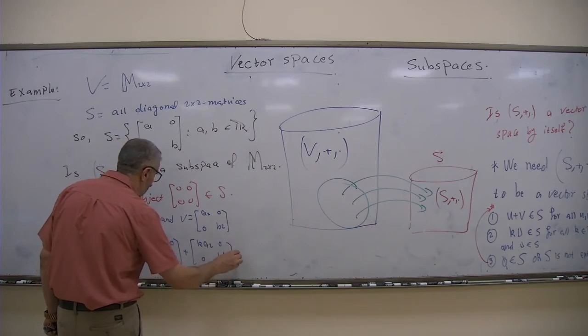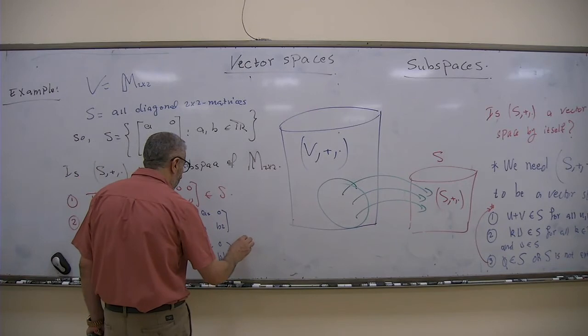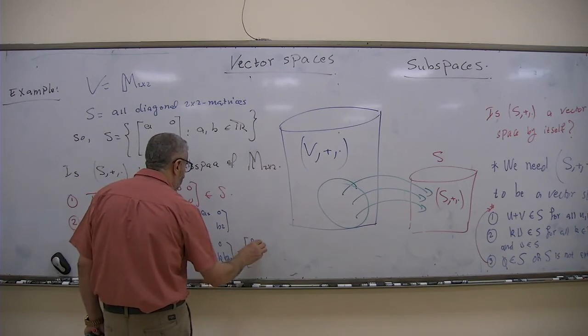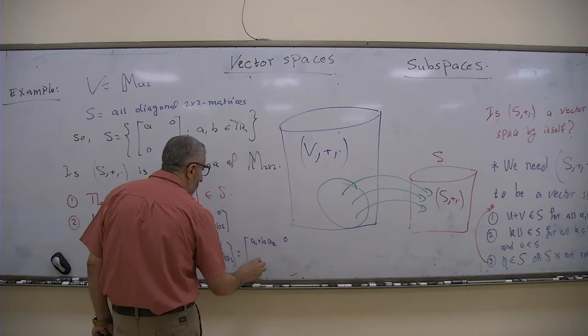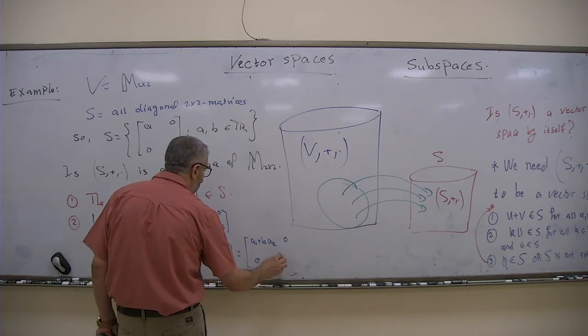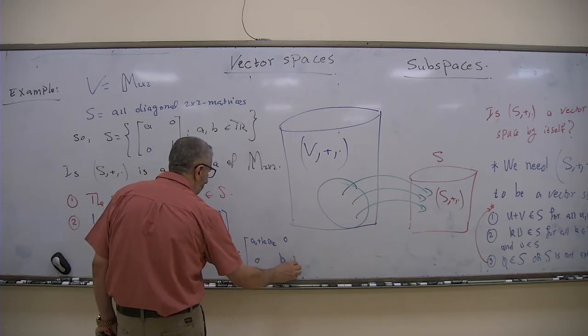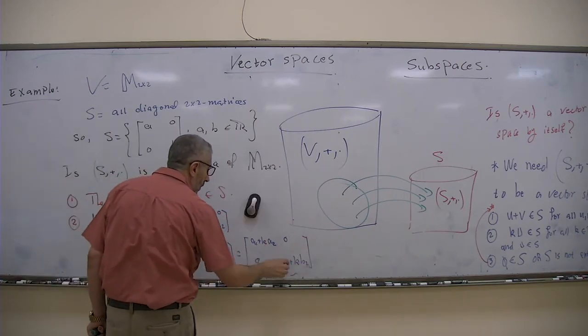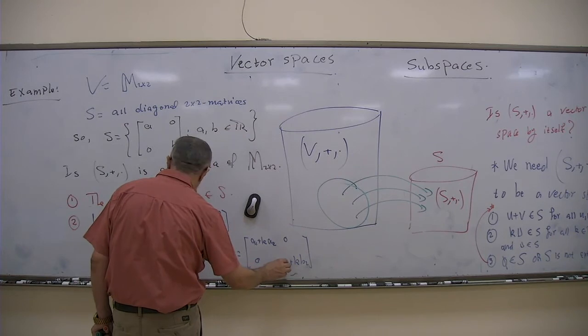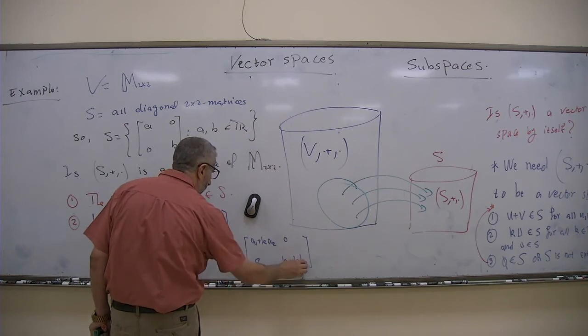And that is A1 plus K A2, 0, 0, B1 plus K B2.